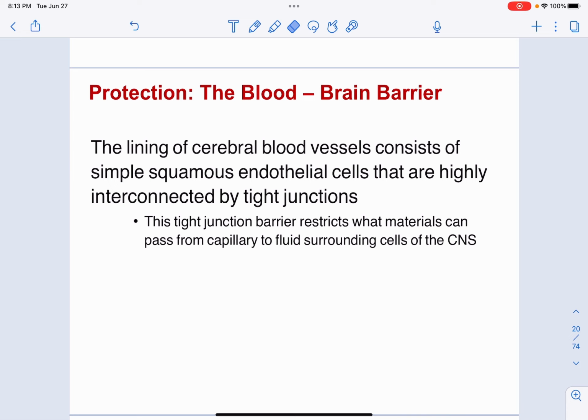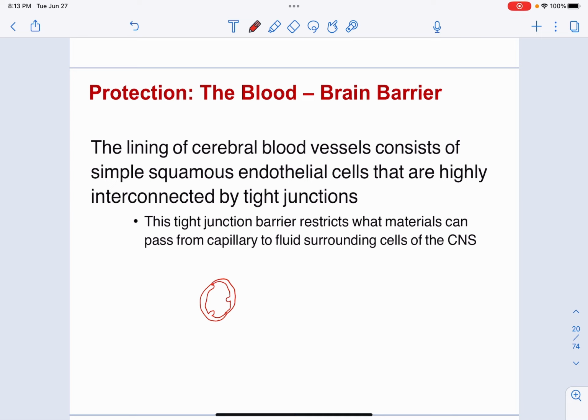And this consists of a single blood vessel, which is made up of simple squamous cells. So what you have are these simple squamous cells. The nucleus is here. And they come together.